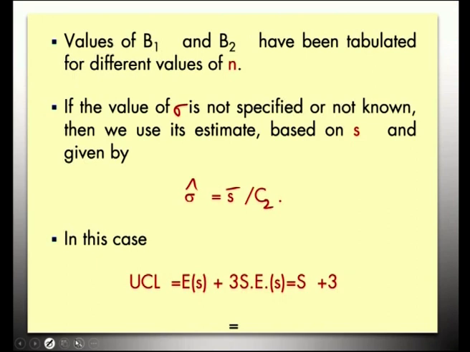In this case, UCL of S becomes E of S plus 3 times the standard error of S, where E of S is S bar, plus 3 times C3 by C2 into S bar. So it is 1 plus 3 C3 by C2 into S bar.